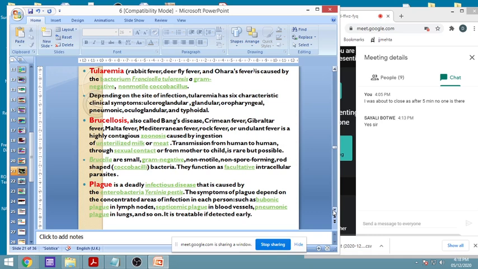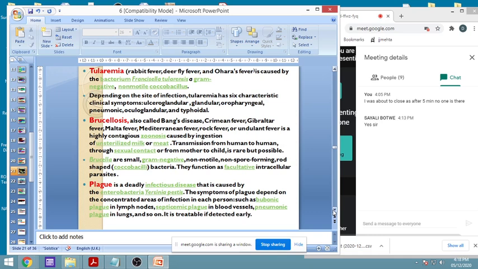It is transmitted from human to human through sexual contact, or from mother to child. It is rare but possible. Brucellas are small gram negative non-motile non-spore forming rod shaped cocobacilli. They function as facultative intracellular parasites.